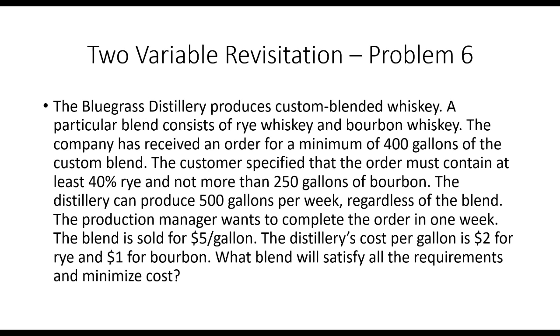The distillery can produce 500 gallons per week, regardless of the blend. The production manager wants to complete the order in 1 week. The blend is sold for $5 per gallon. The distillery's cost per gallon is $2 for rye and $1 for bourbon. What blend will satisfy all the requirements and minimize cost?